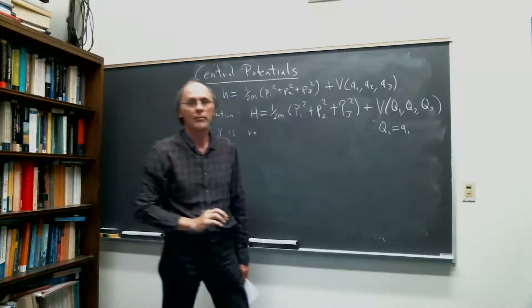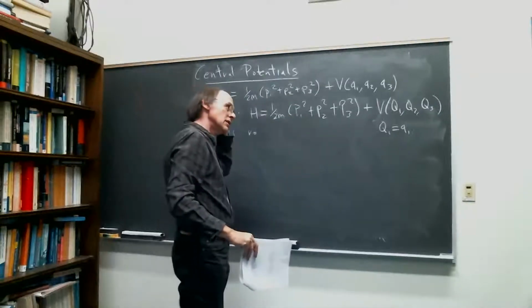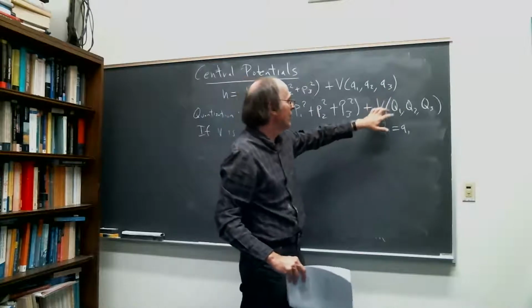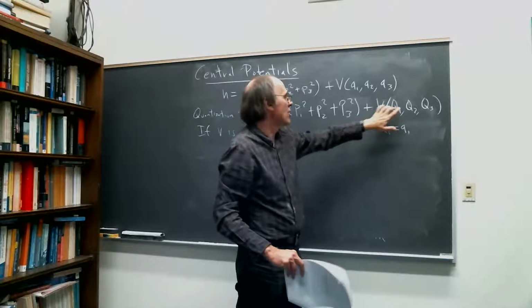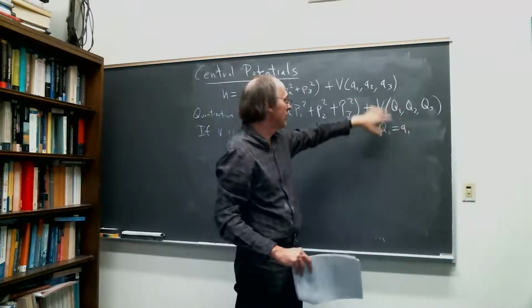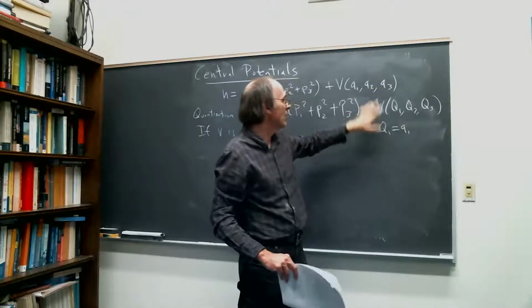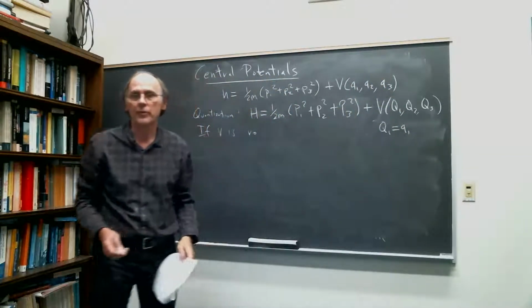I was trying to say this in a representation independent way, but if your function of Q is not just a polynomial, then you have to worry about what these operators are going to be. So if we stick to this representation, then there's no problem.